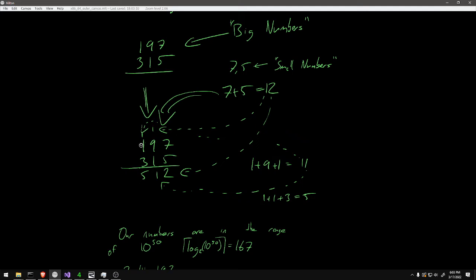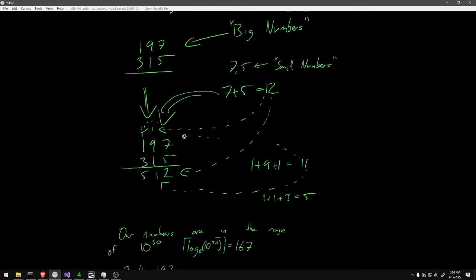We have small numbers, as in each of them is a single digit, 197 and 315, and we have an algorithm that constructs the sum of the big numbers by only doing sums in the range that the human can actually do. So you don't have to know 197 plus 315, or have some clever tricks for working it out. You just run this algorithm, and the algorithm says, take the first digits and add them together, and then put your low digit there and your carry up here, and then add those together, and then keep going, right?